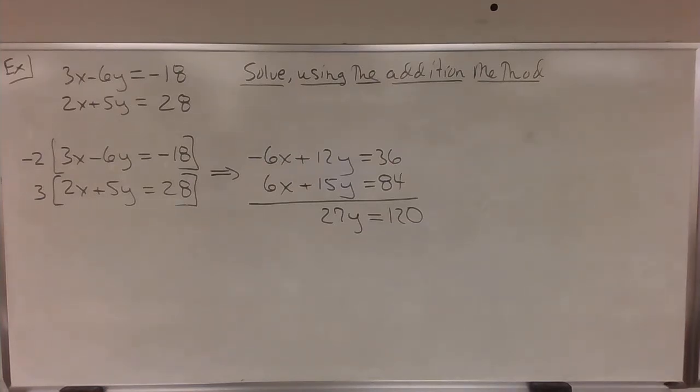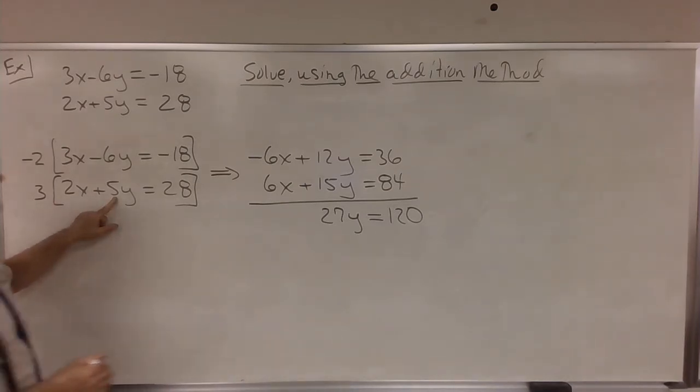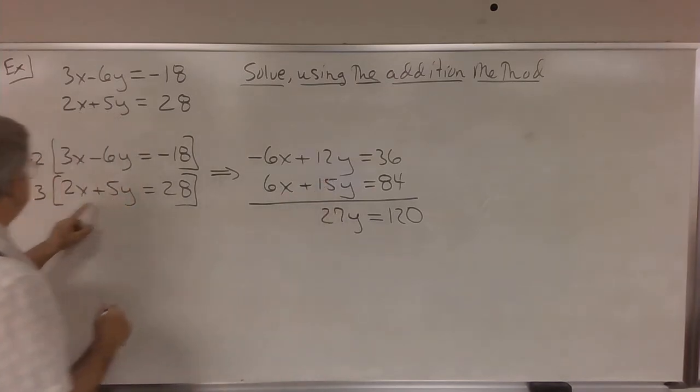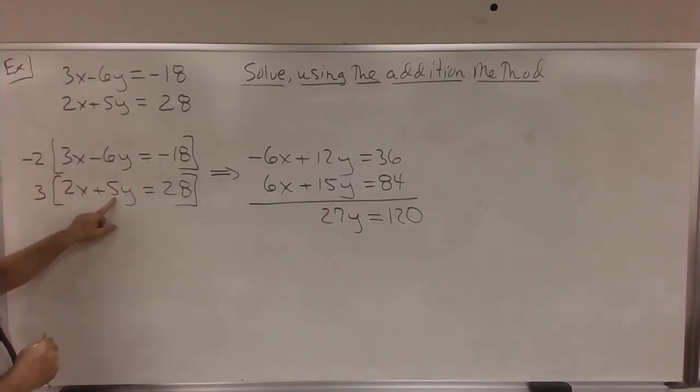Let me just check myself here. I don't like what I'm seeing. Wow, no wonder I don't like what I'm seeing. 3 times 5. No, that's right. 3 times 5 is 15.